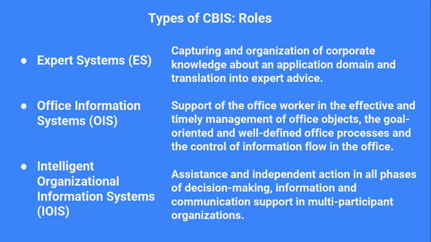Maybe in the area of decision making, maybe in the area of communicating or sharing information, providing certain support. This particular information system will do that. Right? So these are the 10 types of computer-based information systems which we have to remember.